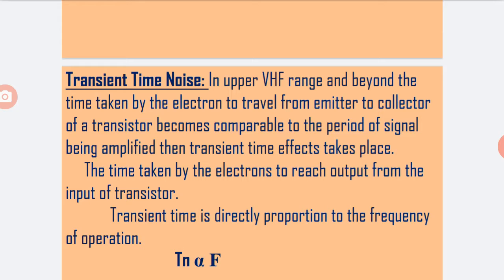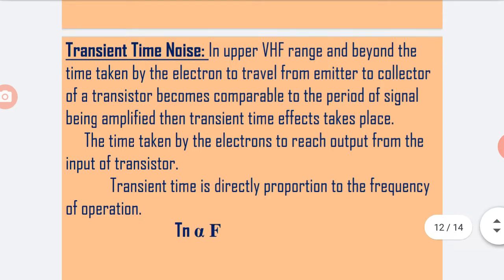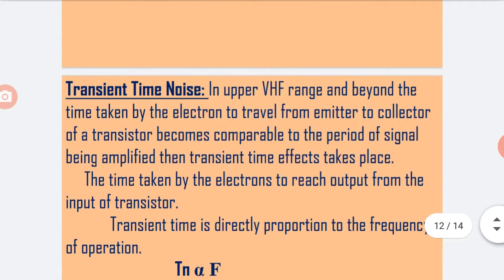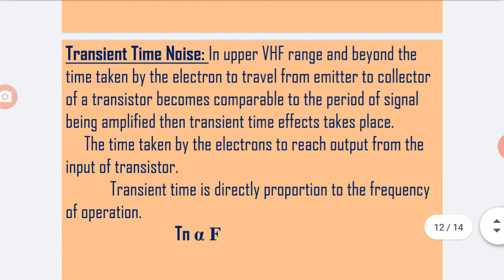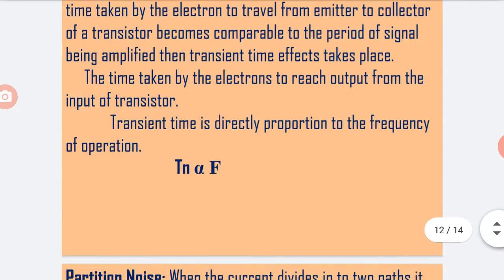The time taken by the electrons to reach the output from the input of the transistor creates the noise. The transit time noise is directly proportional to the frequency of operation, so Tn is directly proportional to f.